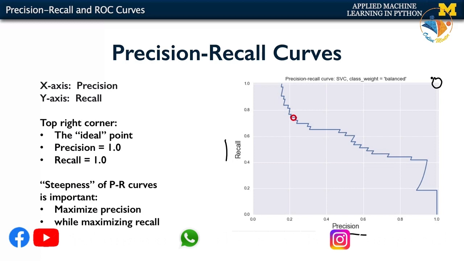So I created this curve using exactly the same method as we saw in the previous example, by looking at the decision function output from a support vector classifier, applying varying decision boundaries, and looking at how the precision and recall changed as the decision boundary changed.